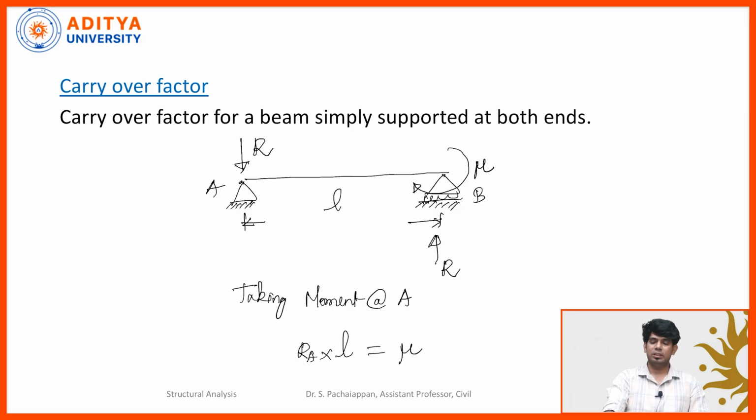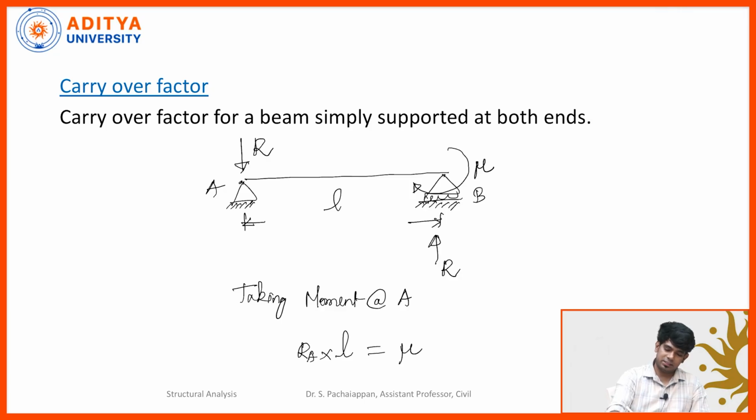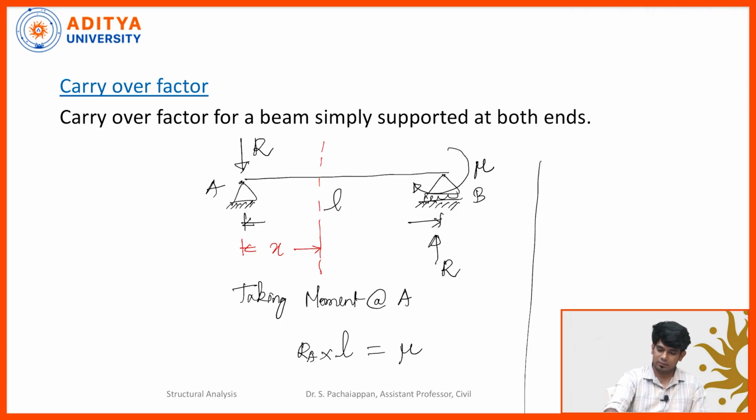What is the next step? I am going to consider the XX section here and calculate the value of Mx. Mx is equal to, you see, only two forces are there: the force multiplied by the horizontal distance.